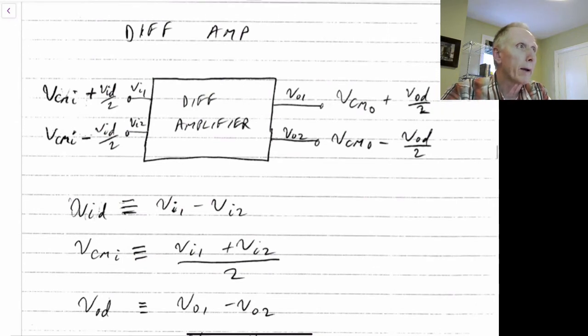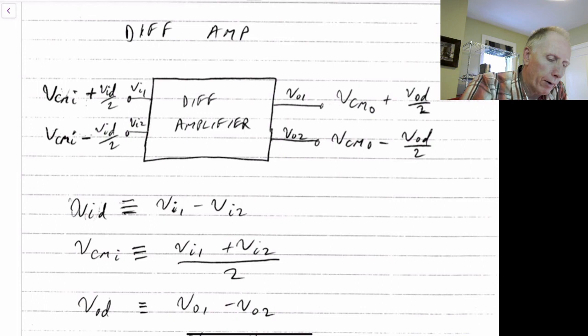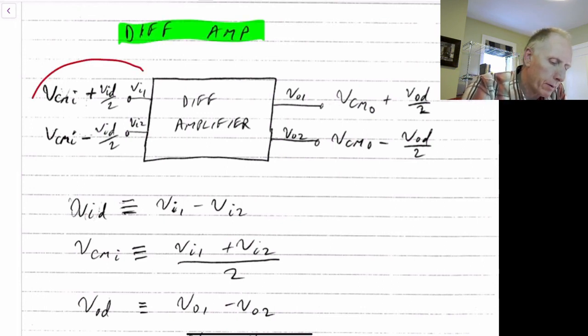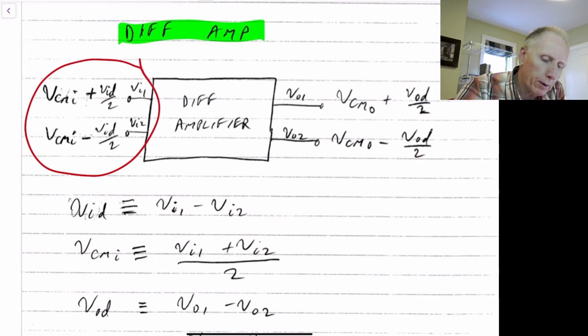Now we'd like to go back and look at a differential amplifier at a block level again for a second. If you recall, for a differential amplifier, we have a differential input that results in a differential output.